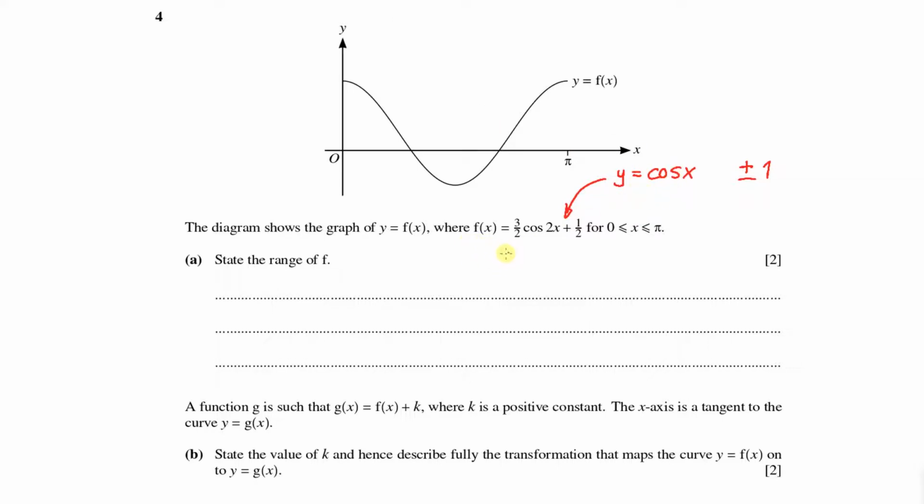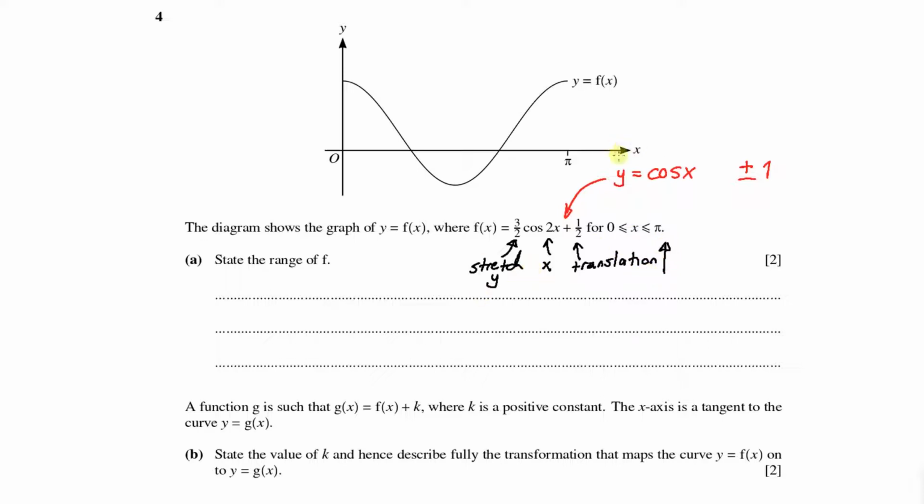And the transformation involves a stretch parallel to the y-axis and a stretch here again parallel to the x-axis. And here it's a translation by half a unit going up.